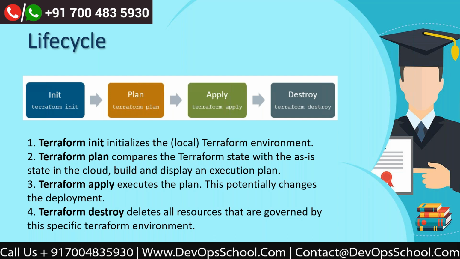is the next command which we generally execute. It's optional, but it's always advisable to execute it. Why? It gives you a plan of what Terraform plans to create in AWS or Azure or Google. It will show you all the resources it's going to create: an EC2 server, an RDS, a security group, any rules, any VPC, subnet, anything.